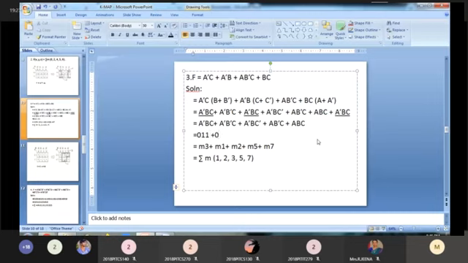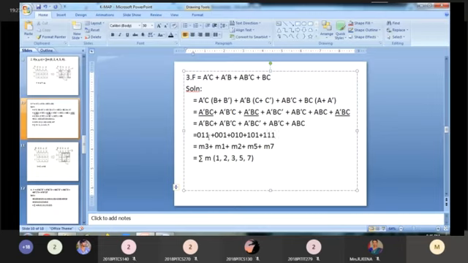A bar 0, B bar 0, C 1. Next, what is the third variable? A bar means 0, B means 1, C bar means 0. What is the fourth variable? A means 1, B bar means 0, C means 1. Next, what is the fifth variable? All the terms are variables only. So 1, 1, 1.